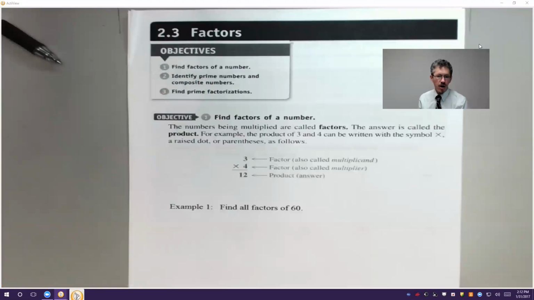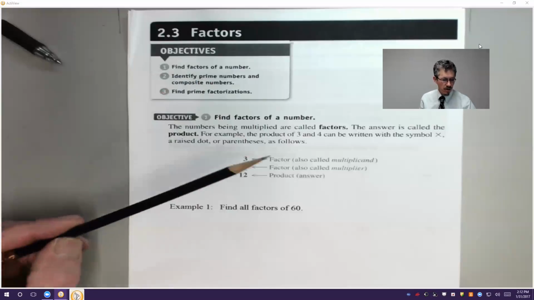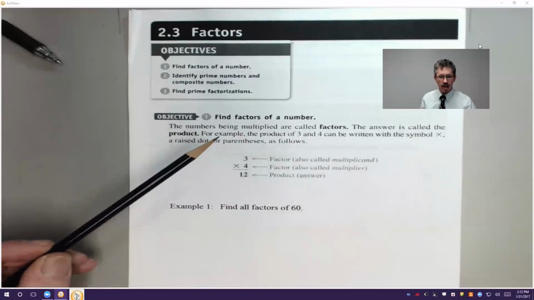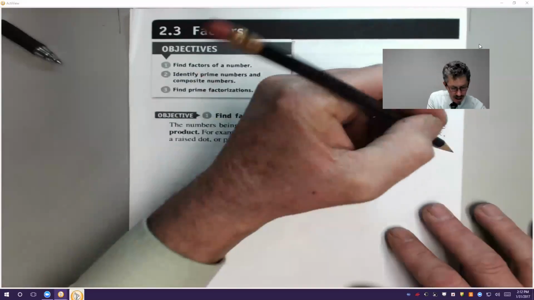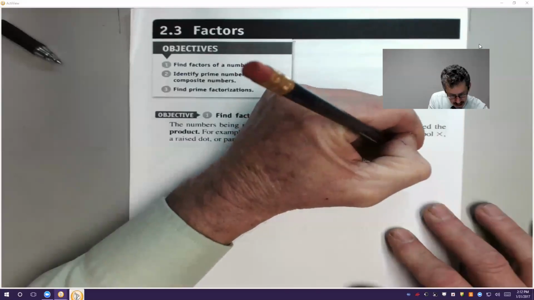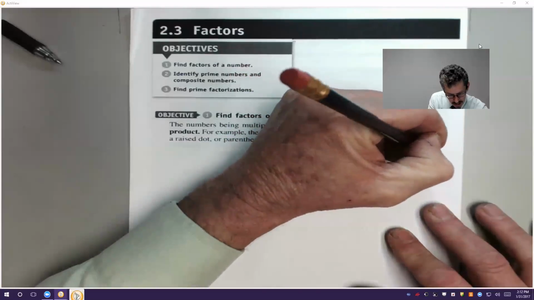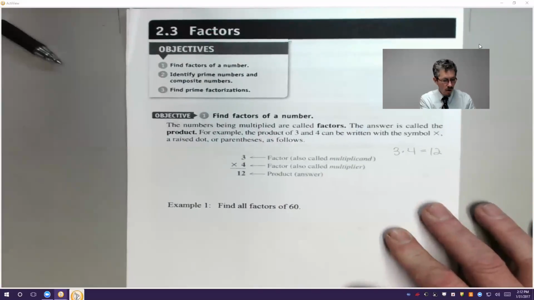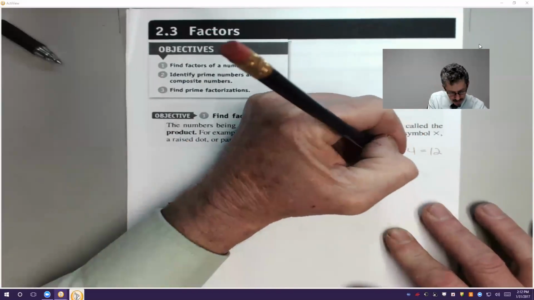For example, the product of 3 and 4 can be written with a multiplication symbol that looks like an X. It can be a raised dot, or it can be parentheses.